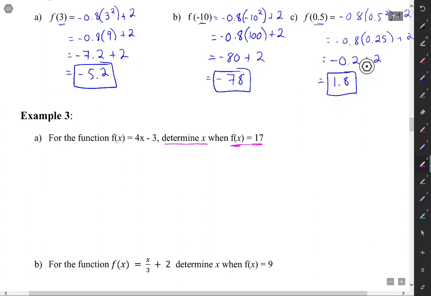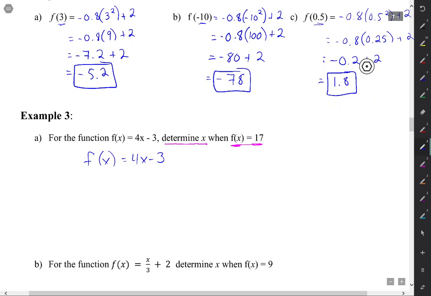So there is a difference in these wordings, and there's a difference in the process we use to solve these. So this is not the same as f of 17. Okay, so these two are not the same thing. So let's see how we would solve these ones. So we have our equation, and I'm going to write it down here, but this time they gave us that f of x is equal to 17.